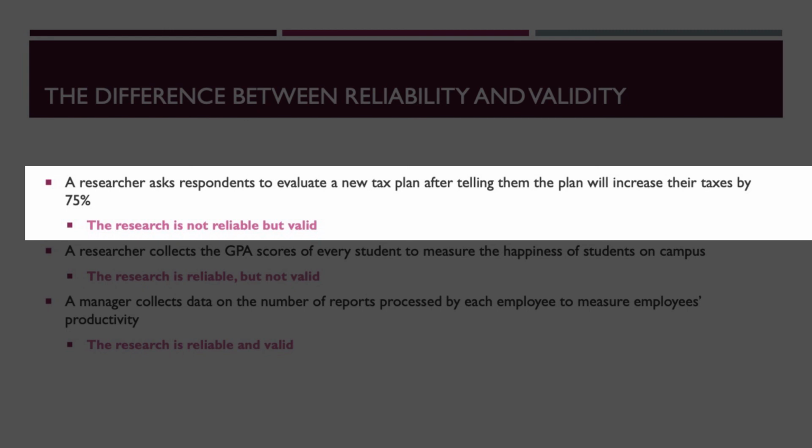And you can imagine that if we just asked people to evaluate a tax plan without this little frame that we've put around the statement, responses there might vary much differently than telling people it's going to increase their taxes. So we could assume that the way of measuring this question is not really reliable, but it is somewhat valid. It is measuring the thing it's intending to measure, which is evaluations on a tax plan.